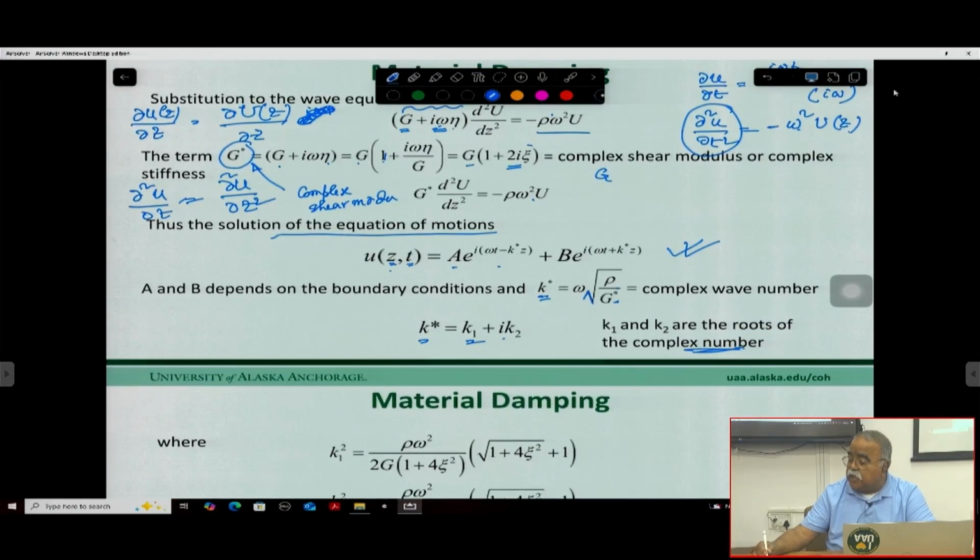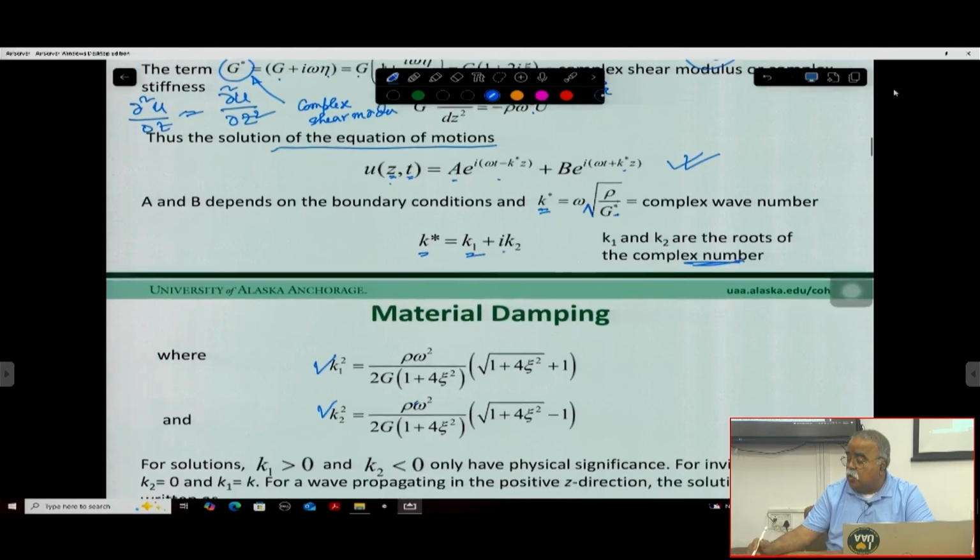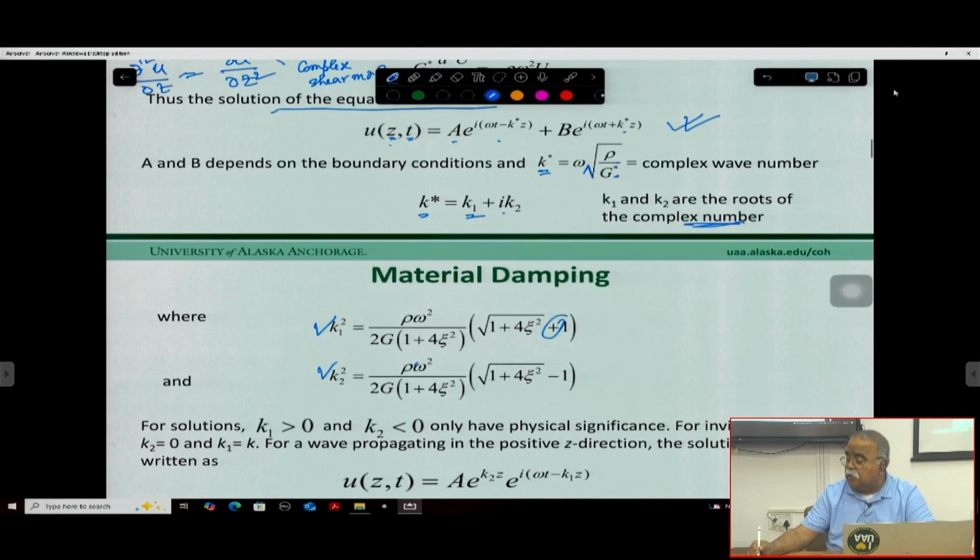Therefore, if you substitute k1 from this equation, k1 will be equal to this expression, and k2 will be equal to this expression. This is the same expression, only plus and minus will be opposite. So this is plus 1 and this is a minus 1.